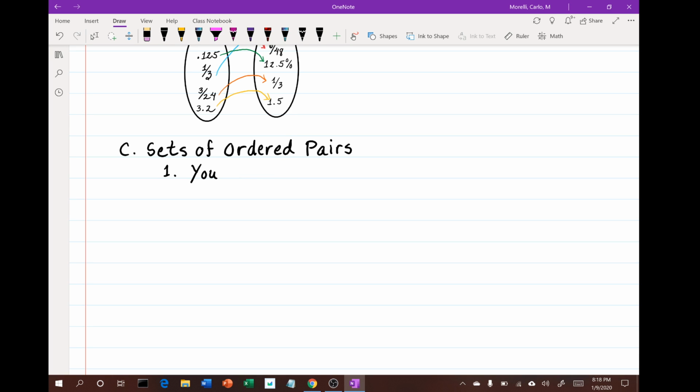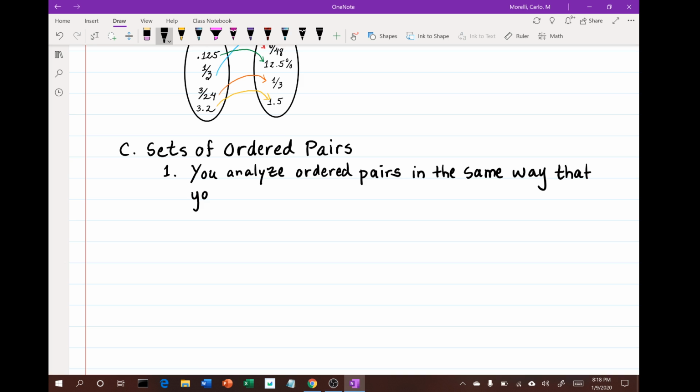You analyze ordered pairs in the same way that you analyze tables and maps. It's true. So now we just need to jump right into examples.